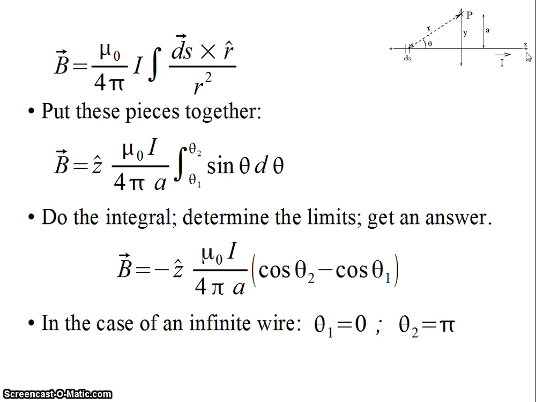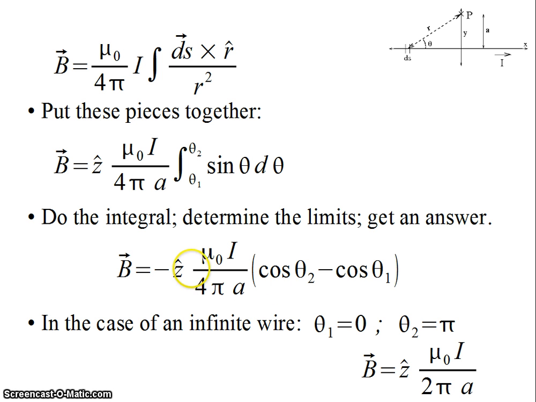Watch out, in that expression I wrote, theta 2 comes before theta 1. So the cosine of pi, which is 1 with a minus sign, minus the cosine of 0, which is 1 with a plus sign, gives me a negative 2.